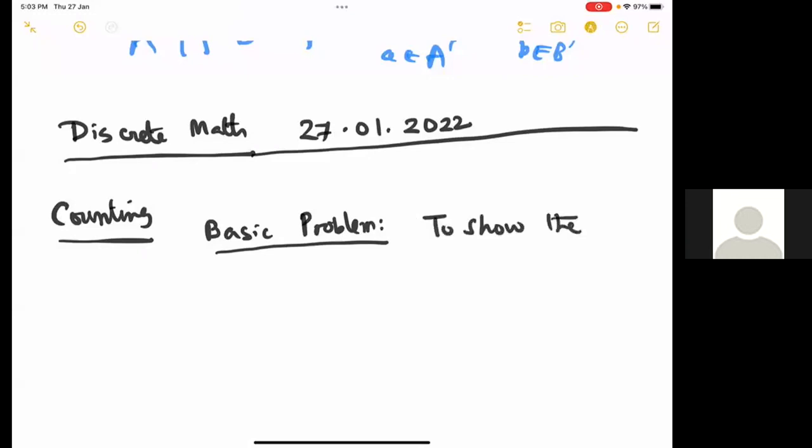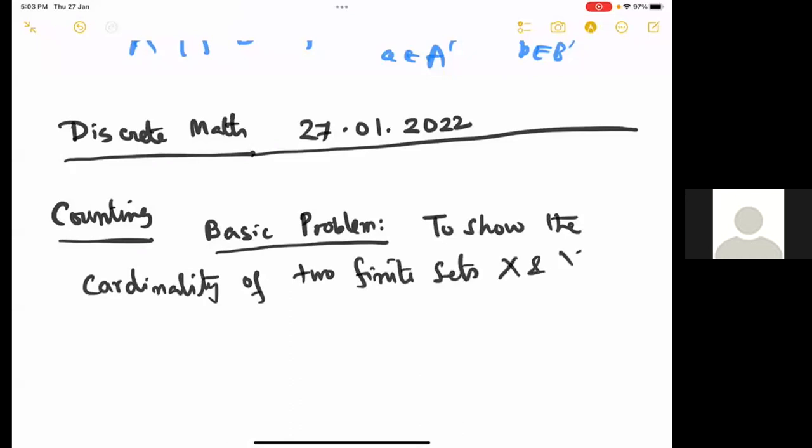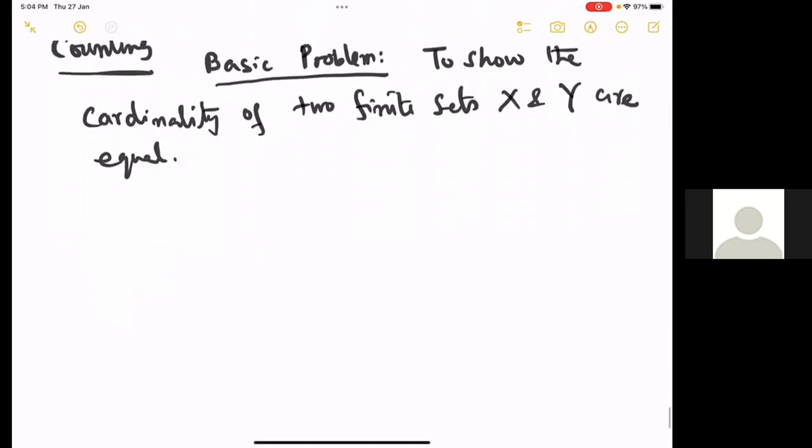So this meta problem will arise in many contexts, and one of the interesting ways to show this is to set up a bijection.